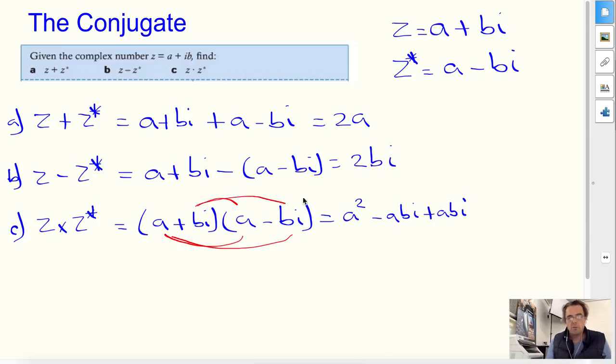The last one, interesting, bi times negative bi. A positive times a negative is a negative. So that's a negative b squared i squared. But guess what i squared was? i squared is negative 1, remember? So this turns out to be a plus b. So it's going to be a squared plus b squared. The difference of two squares, but it turns out to be the sum of two squares because it's complex numbers.